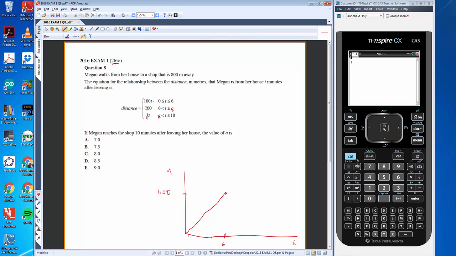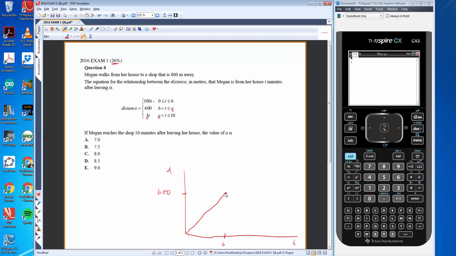Alright, now what happens is at time 6 to another time, she stays 600 metres from her house. So you can imagine what happens. She, at 600 metres, bumps into a friend, bends down to pat a cat, whatever she's doing.